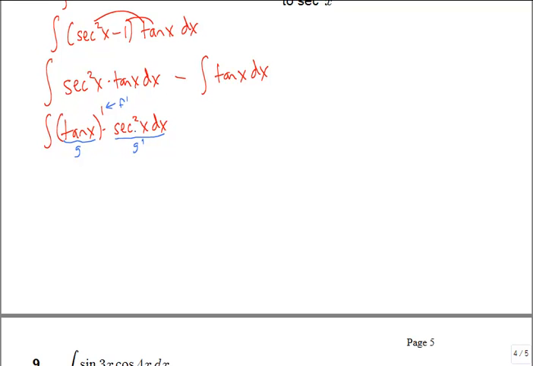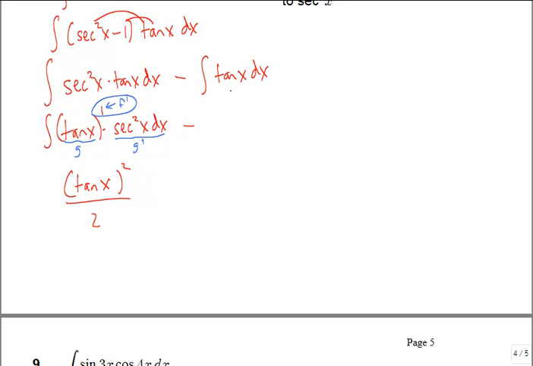That's why we wanted that secant squared in there, so that we could use it as the derivative of our tangent. So we integrate only the outer function, and the integral of something to the first becomes something to the second over 2. We didn't have to counterbalance by anything, so this is just tangent squared over 2.